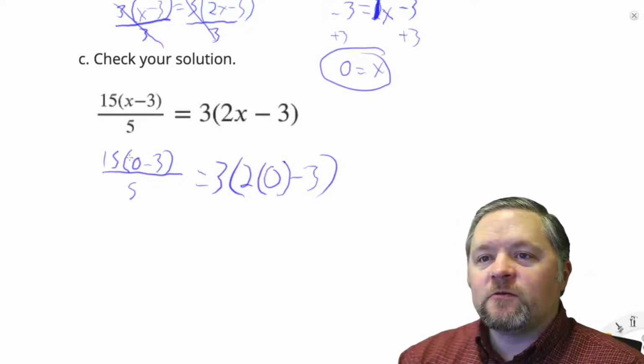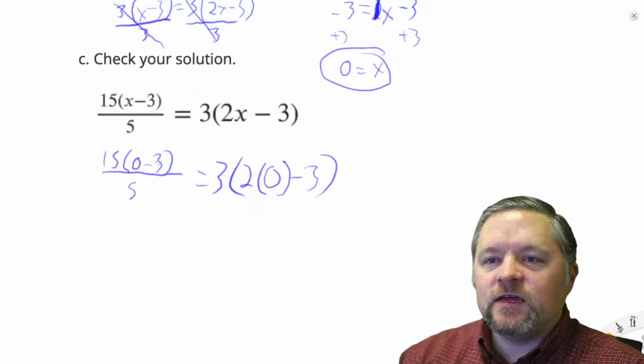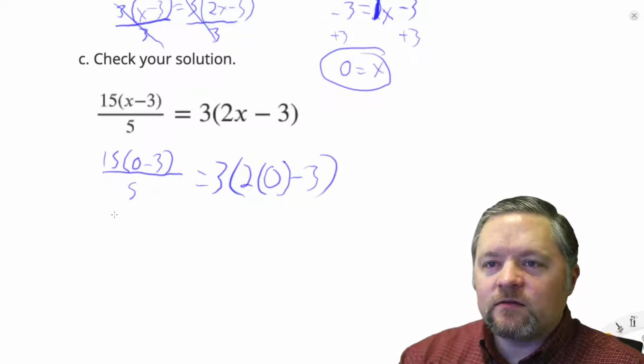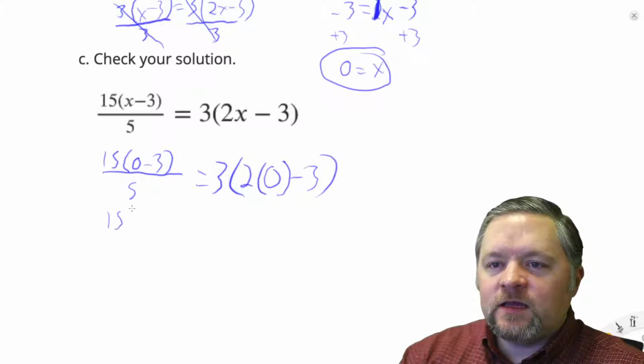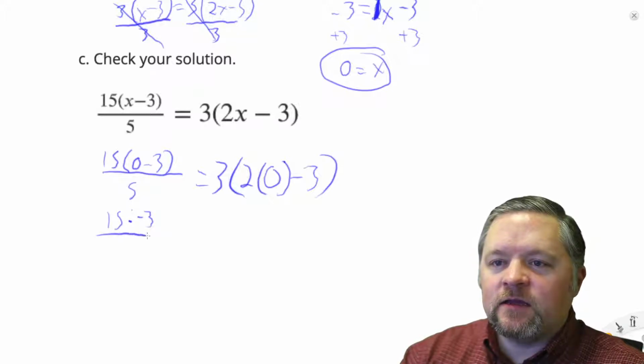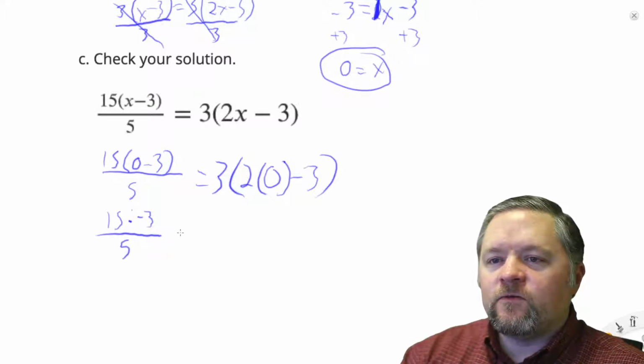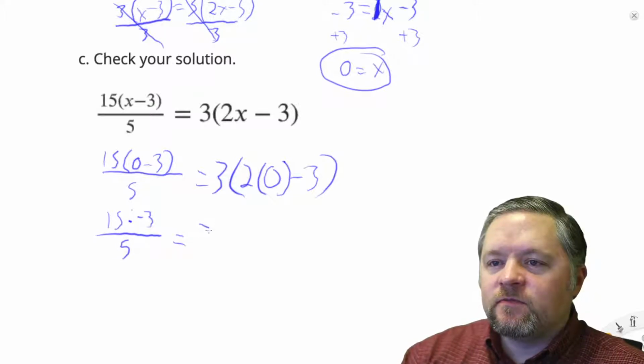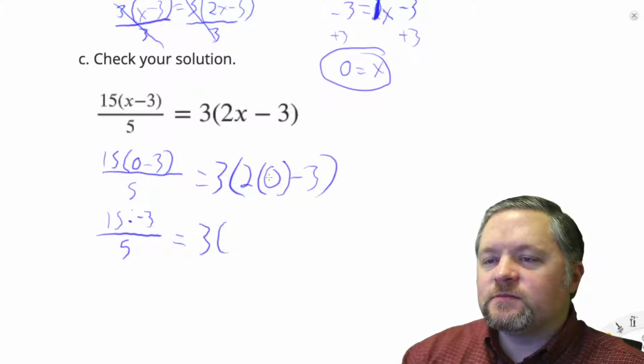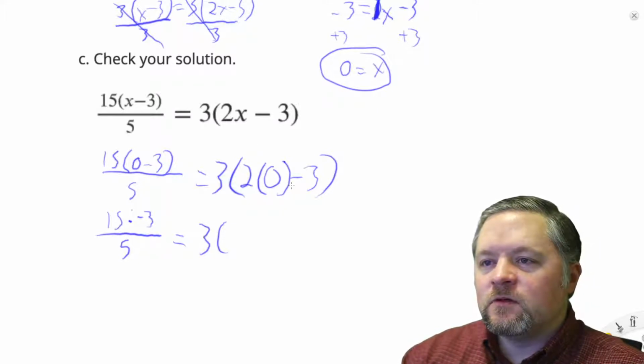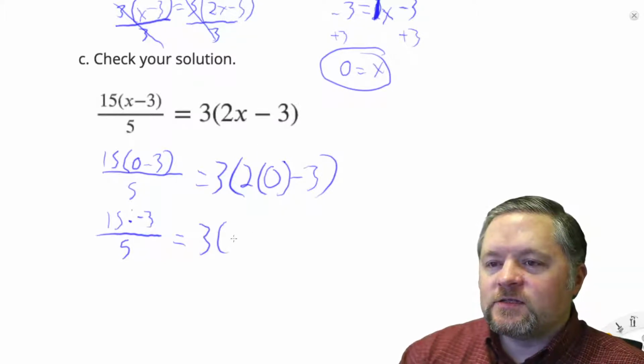Now, follow our order of operations. 0 minus 3 is negative 3. 15 times negative 3 all over 5 equals 2 times 0 is 0, minus 3 is negative 3.